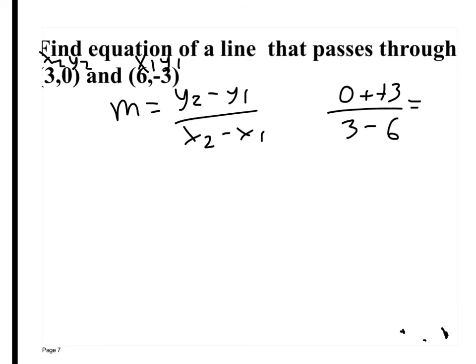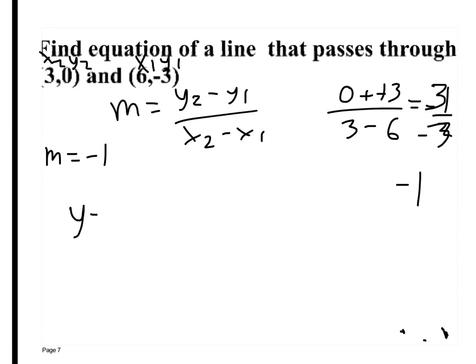Are they always going to be minus? So it gives me negative 1/2, well, hold on, not negative 1/2. I reduced it. I shouldn't have reduced it. It should be 3 over negative 3, which is what? Negative 1. Yeah. 3 divided by negative 3 is negative 1. Sorry for the confusion. So M is negative 1.